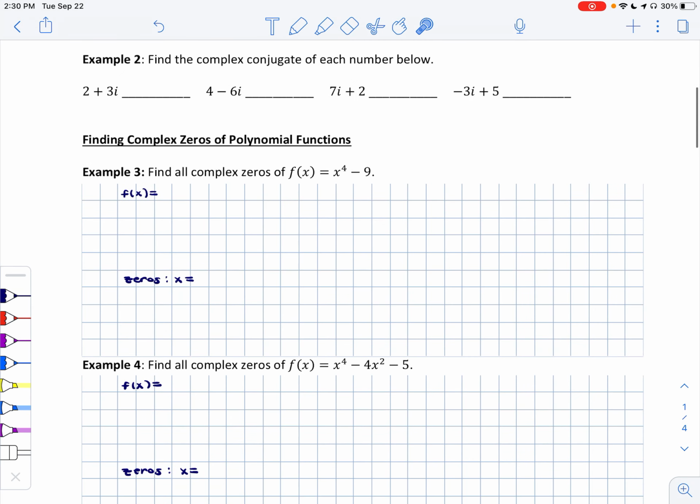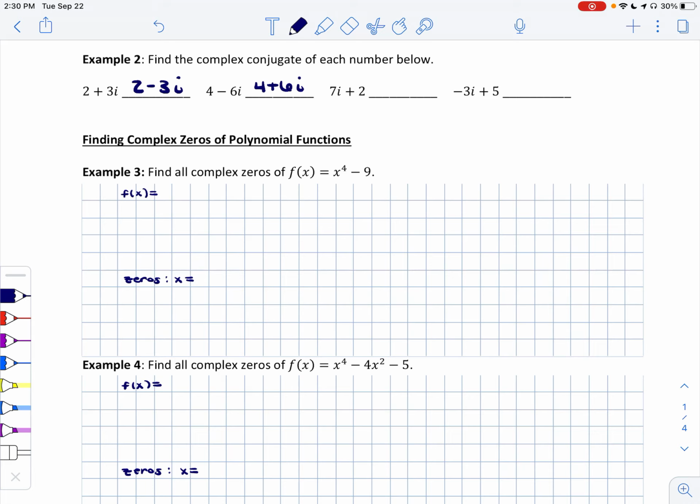A couple quick examples here. If we have 2 plus 3i, the complex conjugate would simply be 2 minus 3i, just changing that sign. For 4 minus 6i, the conjugate of that would be 4 plus 6i.